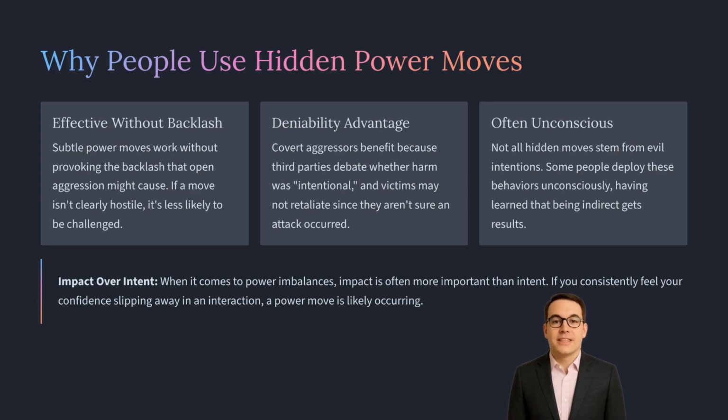Now let's examine some of the most common categories of hidden power moves, along with real examples of each. Keep in mind that these can happen anywhere, at work meetings, on dates, among friends, even within families. Social chess is universal. By becoming aware of the gambits people play, you'll start seeing the subtle power plays in everyday life and be prepared to respond strategically.